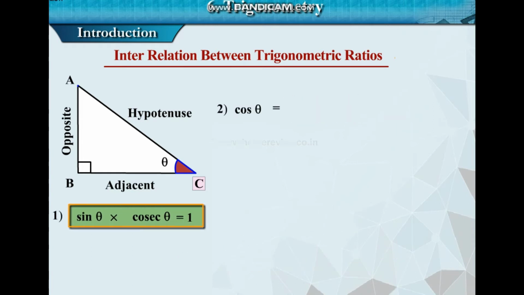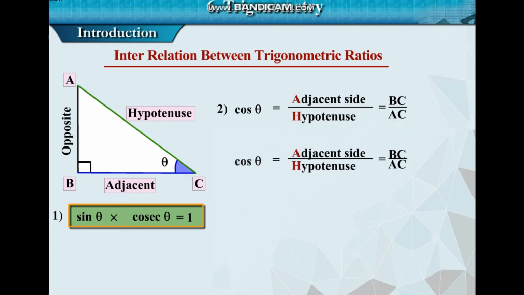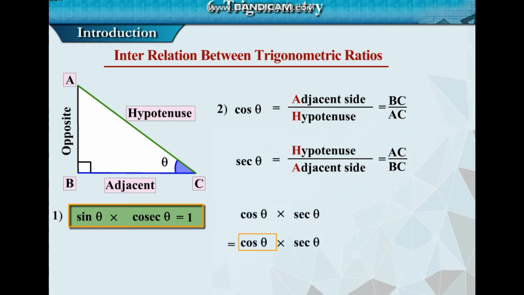2. Cos theta is equal to adjacent side upon hypotenuse, which is equal to BC upon AC. Sec theta is equal to hypotenuse upon adjacent side, which is equal to AC upon BC. Now, cos theta multiplied by sec theta is equal to BC upon AC multiplied by AC upon BC, which is equal to 1.